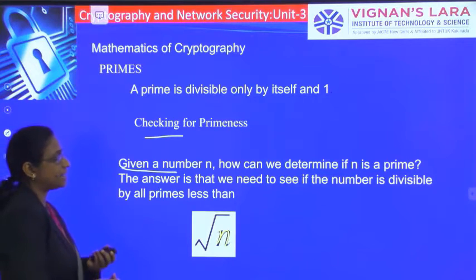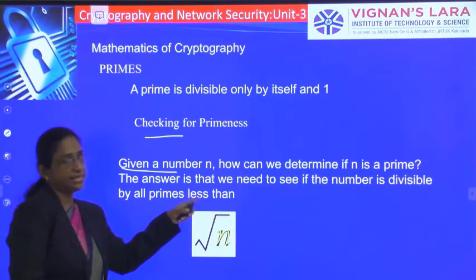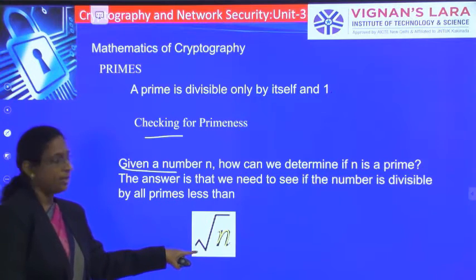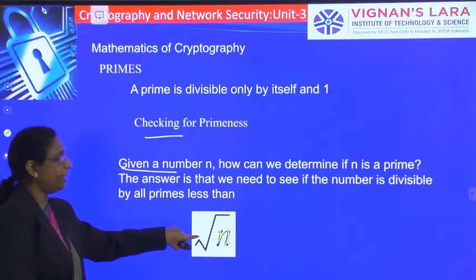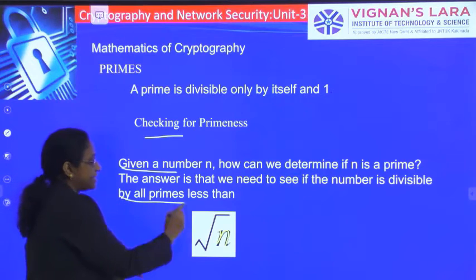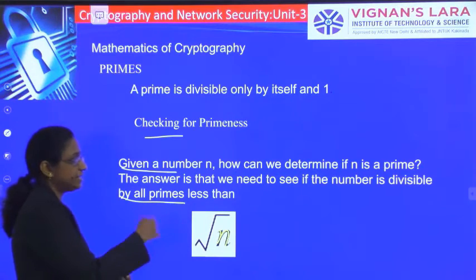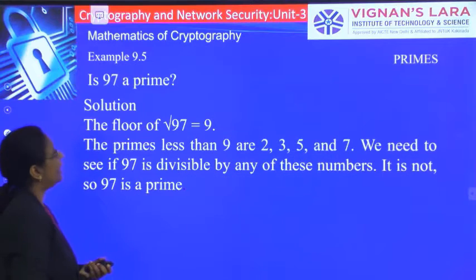The answer is that we need to see if the number is divisible by any prime less than root n. So you first calculate root n, and then check whether any of the prime numbers less than that root n divide it.